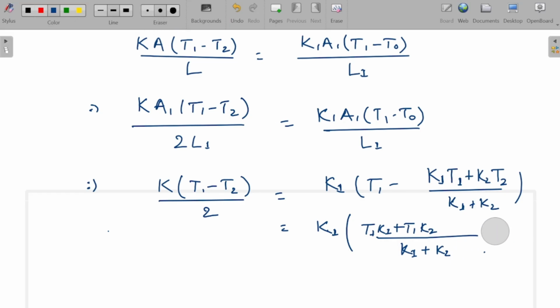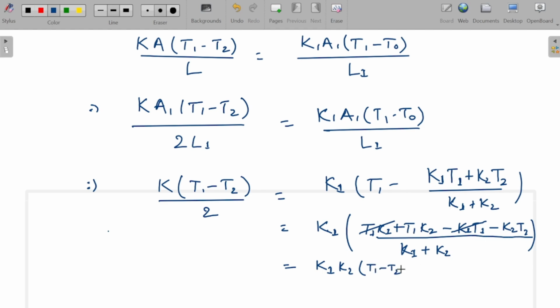So let me create some more space here. Here we will have K1 into T1 and minus K2 into T2. Then K1 T1 is here and K1 T1 is here with negative sign. So these two terms will be eliminated with each other. And then we will have here T1 K2 and here T2 K2. So we can take K2 common outside. So here we will have K1 into K2 multiplied with T1 and here minus T2.